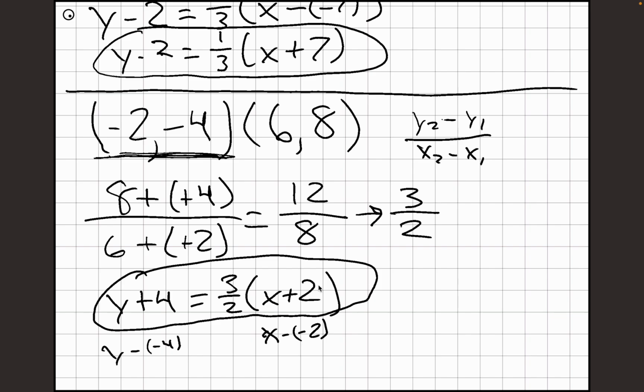If you also got y minus 6 equals 3 over 2 times x minus 8, oops, I switched my 6 and 8, sorry. It would accept that as well. And that's point slope form.